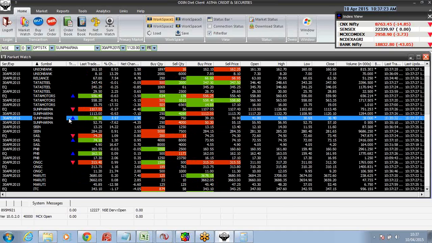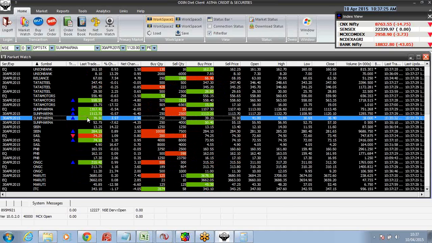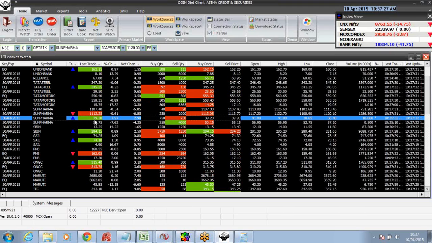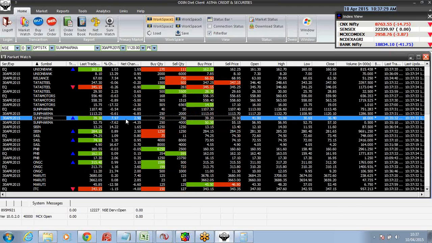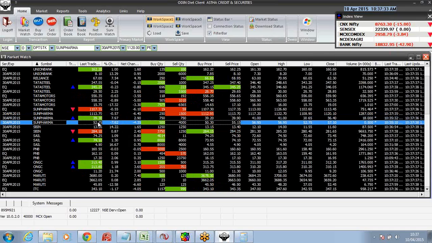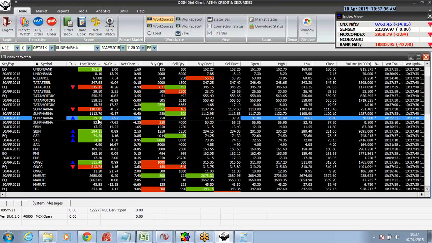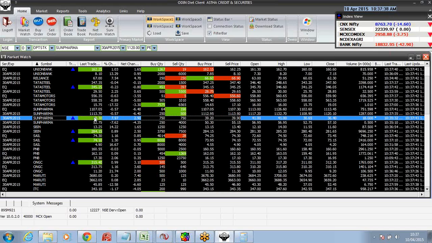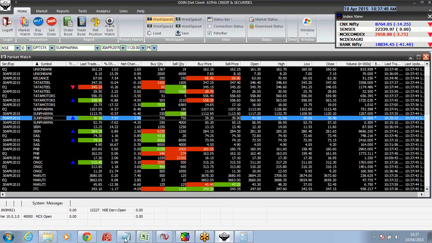So you can see that the put option is 39 rupees 30 paise here. And the other one that you are seeing is the call option. I did that last week. So this is a put option. The current running price is 39.30.